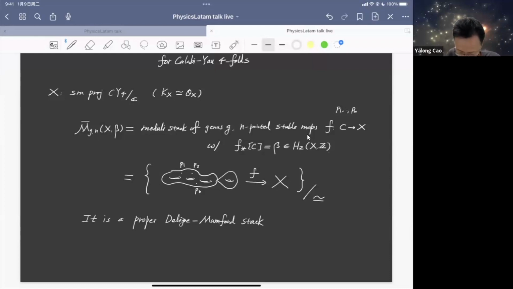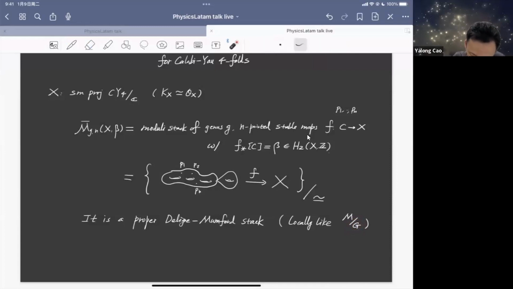When I say this is a Deligne-Mumford stack, basically you can understand it as locally looking like some space quotiented by some finite group G. So the key is that we always have some possible finite group as automorphisms.